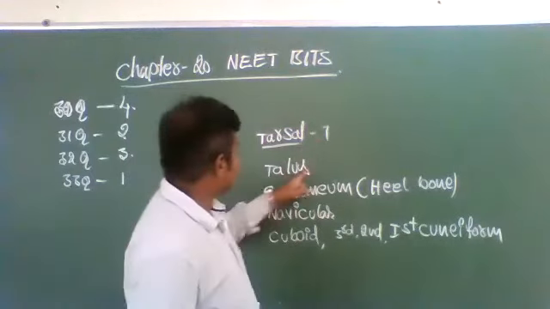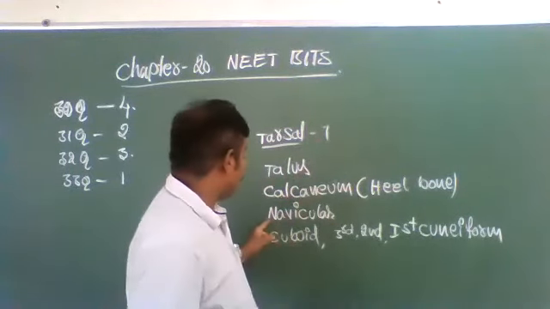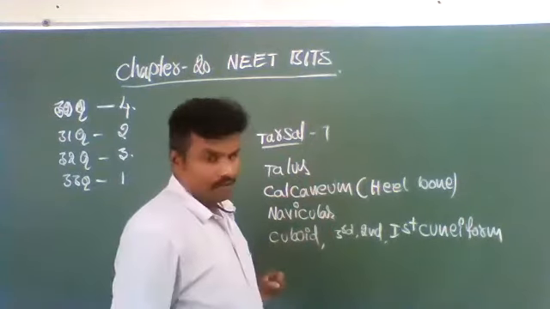See, these are 7. Talus 1, calcaneus 2, navicular 3, cuboid bone 4.